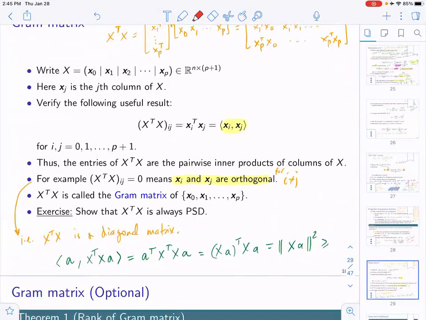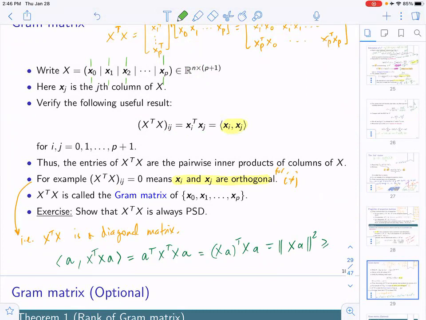If you write the columns of X, in our usual notation, as X0, X1, X2 up to Xp, then you can show for yourself that the ijth entry of X transpose X is Xi transpose Xj, in other words, Xi inner product with Xj.